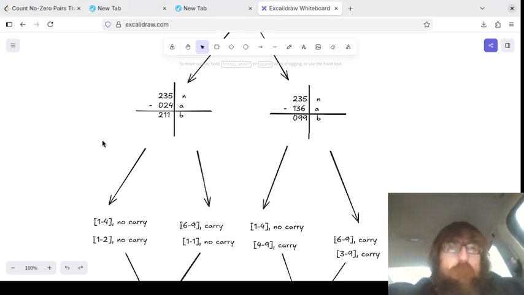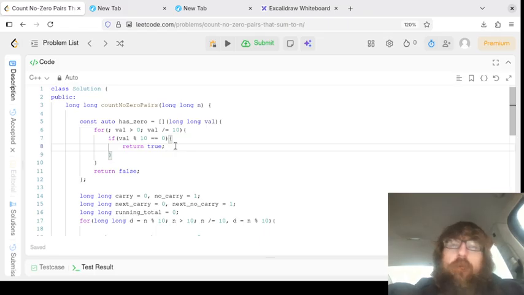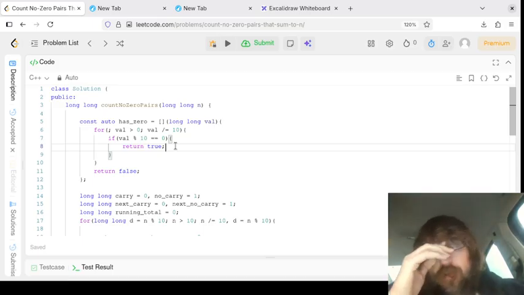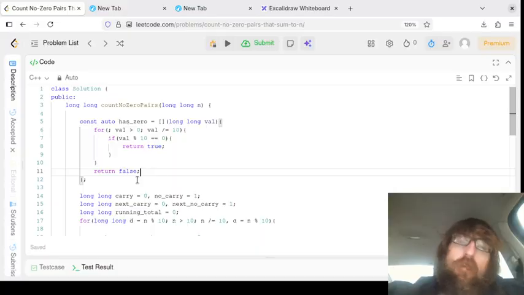Depending on where I'm at in my position, there's going to be a prefix remaining for n, and I can use this routine to check digit by digit to see if there are any zeros there. And I don't need to worry about leading zeros in that case.